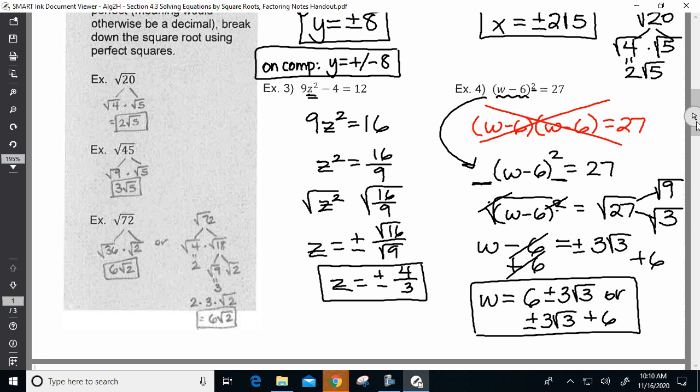That's a nice, quick overview of square roots. And the main thing here for some of you will be reviewing how to break down square roots, so I'll post the old notes of what we did for square roots.